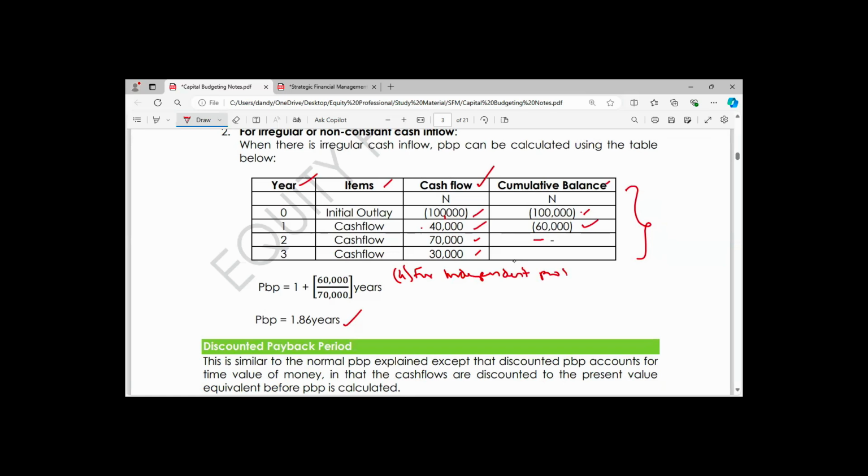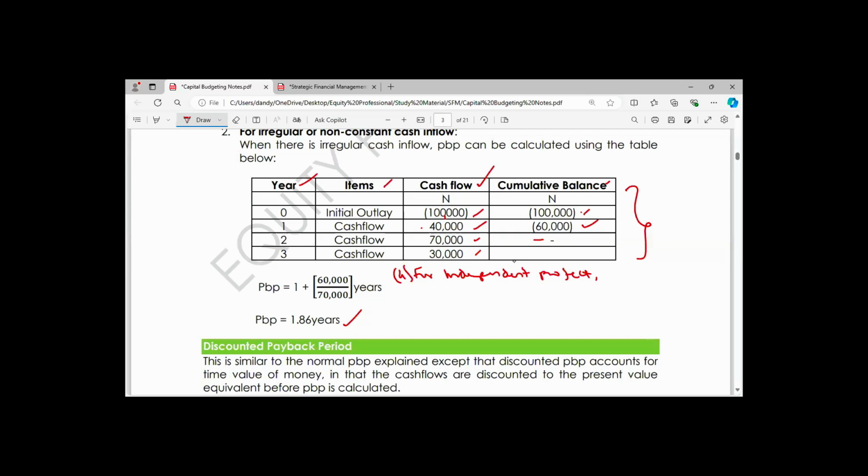For independent projects, accept if the payback period is shorter or equal to management's predetermined payback period. I repeat, for independent projects, accept if the calculated payback period is shorter or equal to the management predetermined payback period.